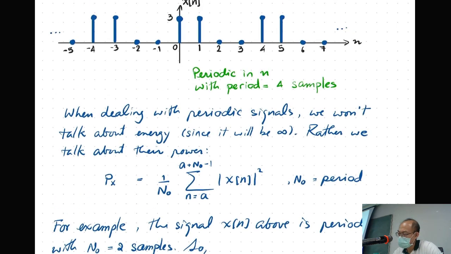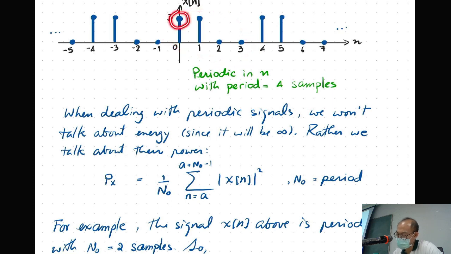And then, because this signal is a real valued signal, you could just square it. So it would be 3 squared plus 3 squared plus 0, 0, 4 samples starting from 0. You can start anywhere, but you have to make sure the number of samples you are adding is the period, the samples in the period.